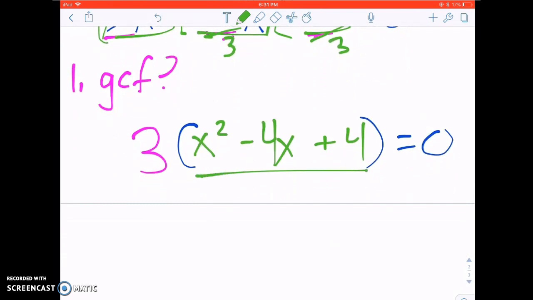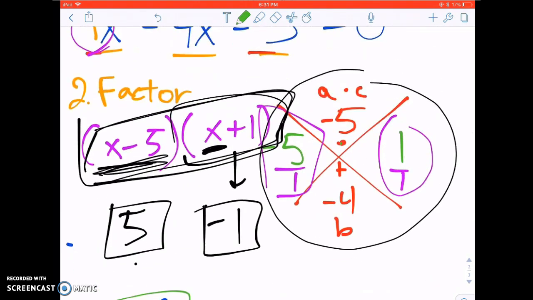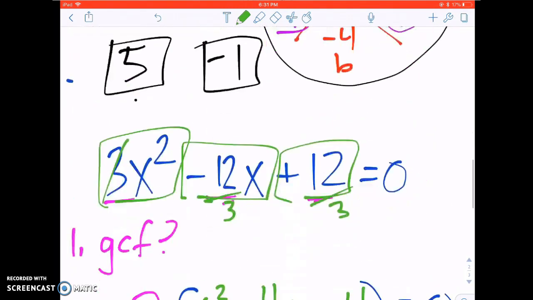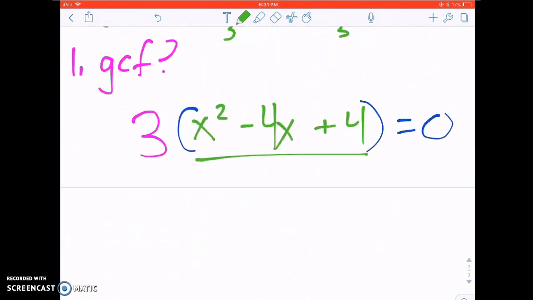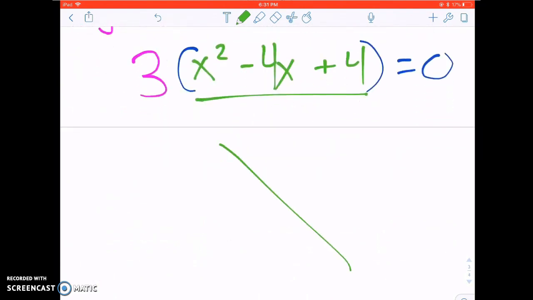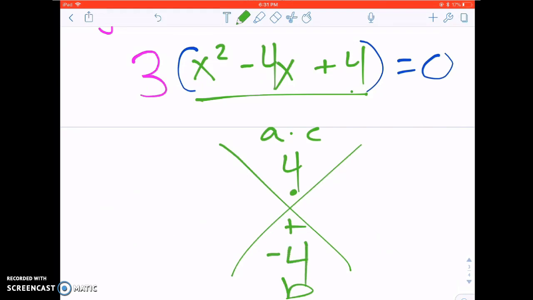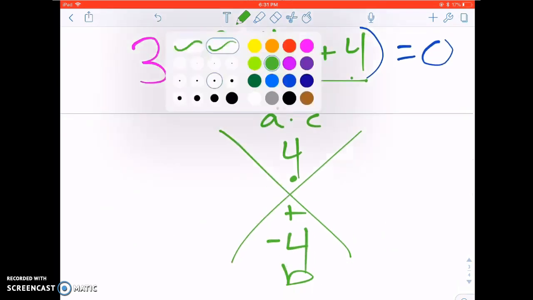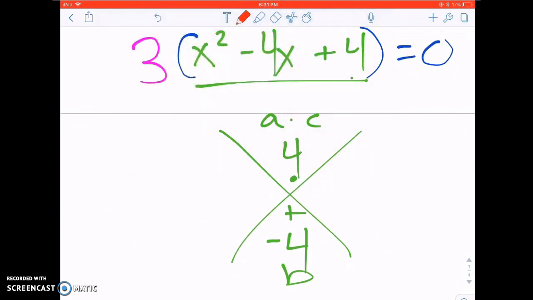This problem right here still is not super nice, so we have to now combine it with step 2, and do our factoring. We're going to take just the stuff in green and do our X method of factoring. So I got my A times C, I got my B. A times C is just going to be 4, and B is going to be negative 4. So we need two numbers that multiply to equal positive 4 and add up to equal negative 4.